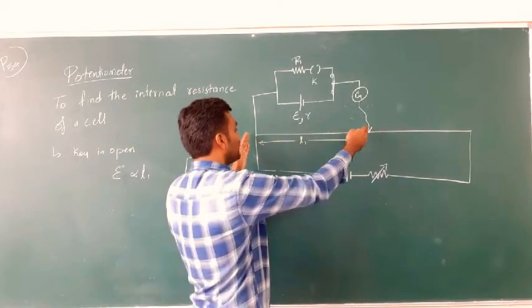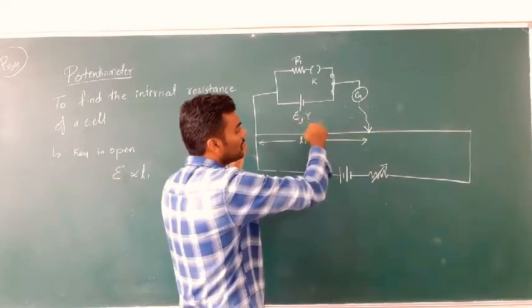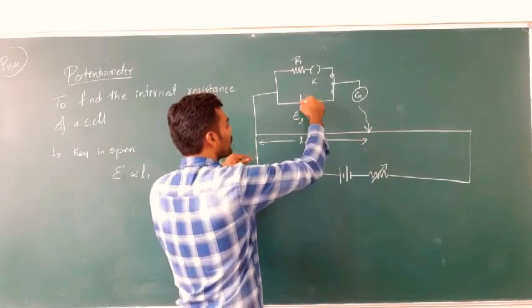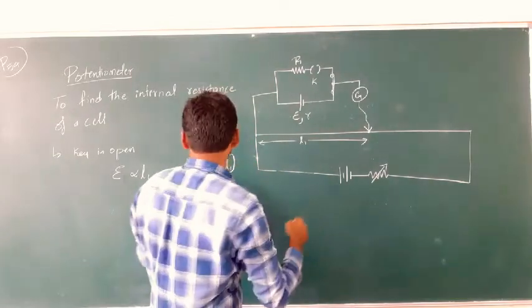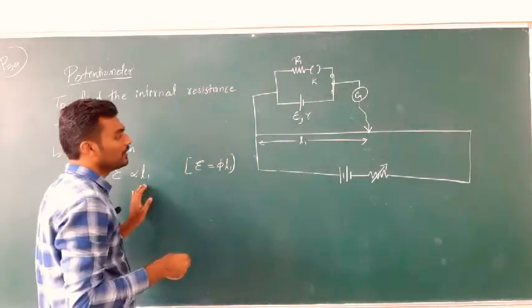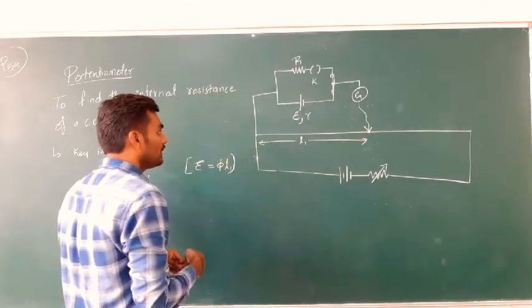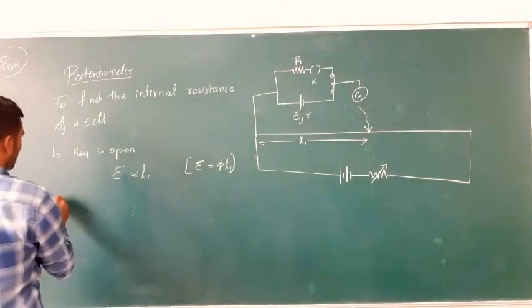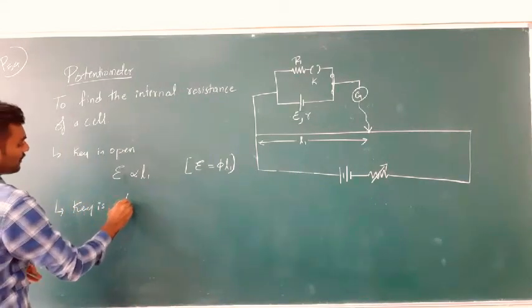Because what we measure is the potential difference, not the EMF, but E becomes equal to V because there is no current flowing through the given cell. So I can take directly that E is proportional to L1. Now in the next part, we will close the key. Key is closed.